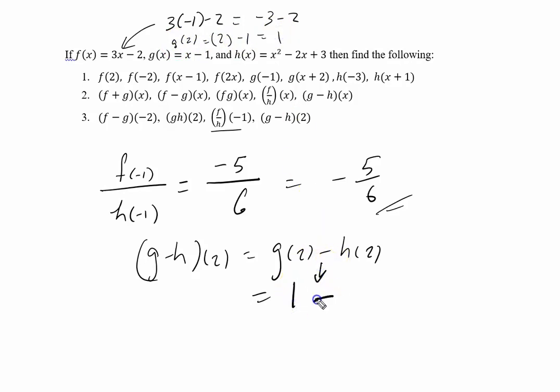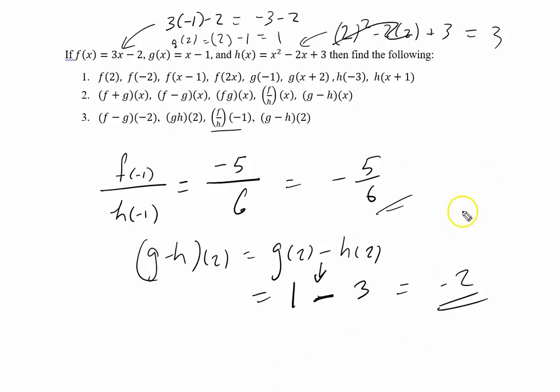And then minus, and h evaluated at 2 is going to be 2 squared minus 2 times 2 plus 3. So 4 minus 4 plus 3, so that would just be 3. And 1 minus 3 is equal to negative 2. Okay, so that's all of the ones there, and that completes the video.